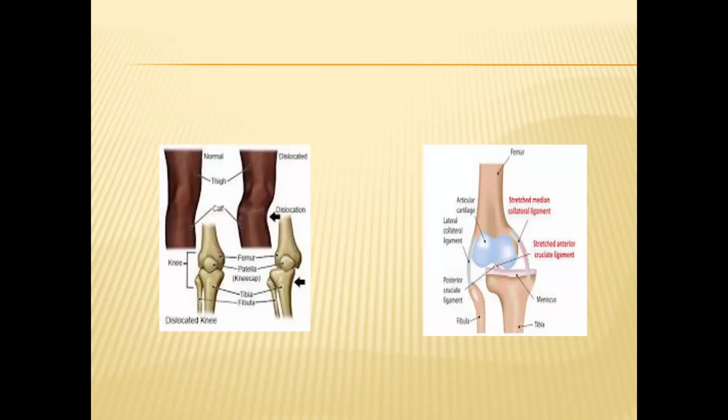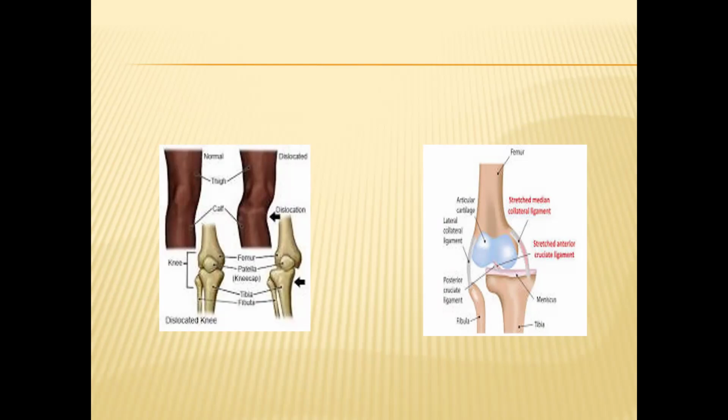Clinically, there will be a clear deformity, and the patient will present with severe pain. There may be ecchymosis and swelling. If there is any dislocation, we should try closed reduction.